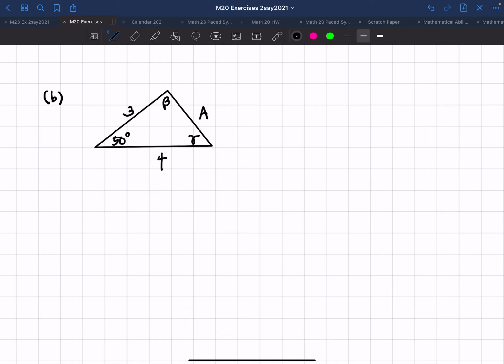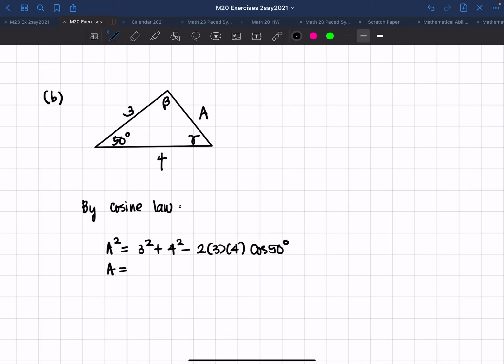So, by cosine law, A square is equal to, itong opposite side, equal siya sa square plus square minus twice nung product, tapos cosine 50 degrees.